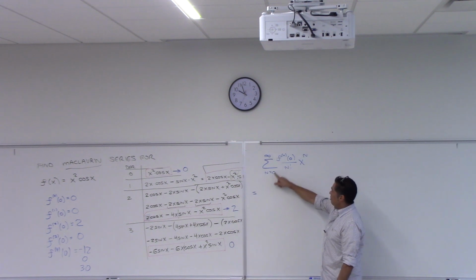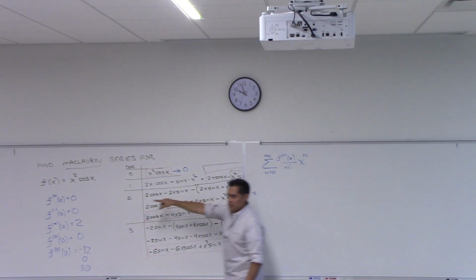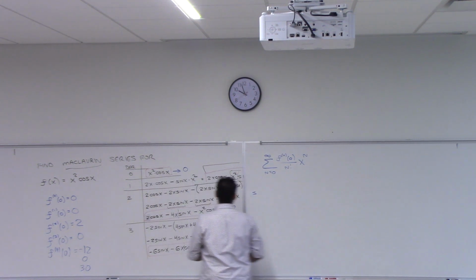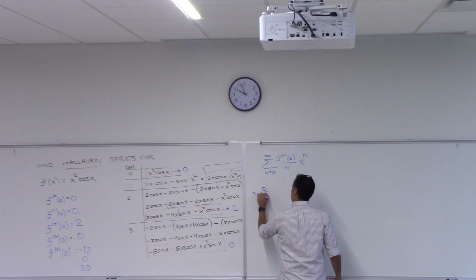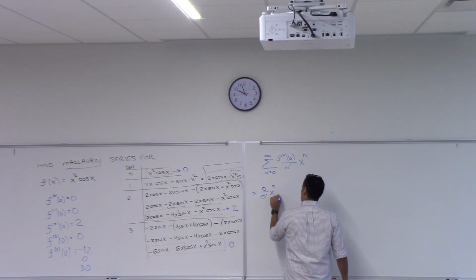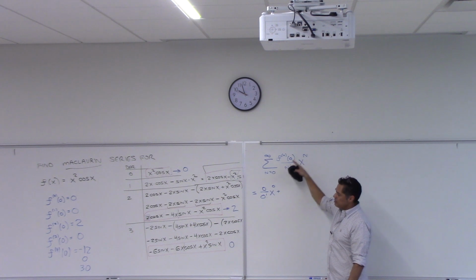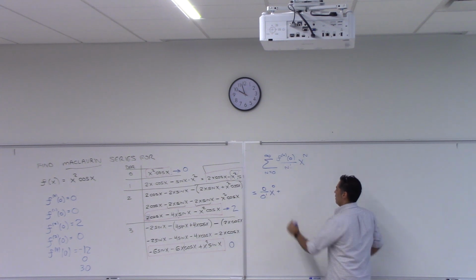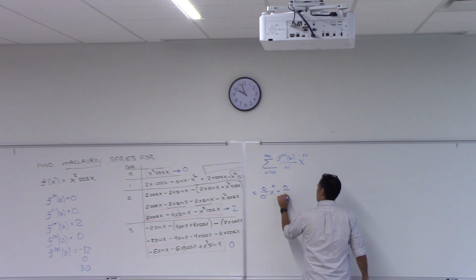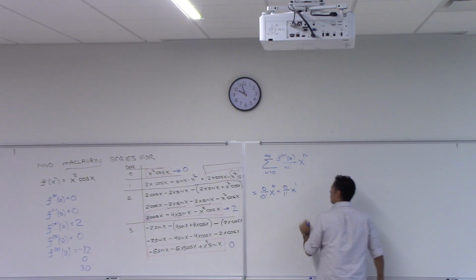So letting n be 0, what is the zeroth derivative at 0? 0, right? 0 over 0 factorial x to the 0. Plus, now I take the first derivative at 0, which is 0 again, over 1 factorial x to the 1.